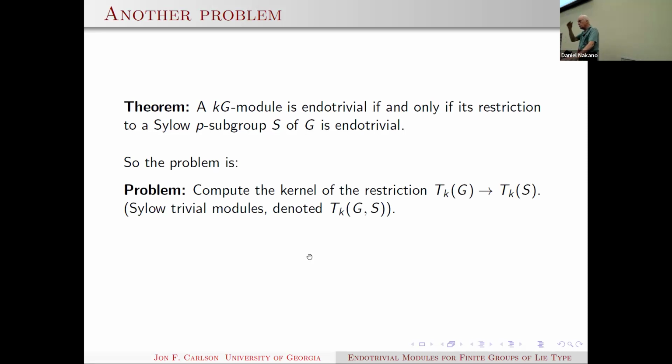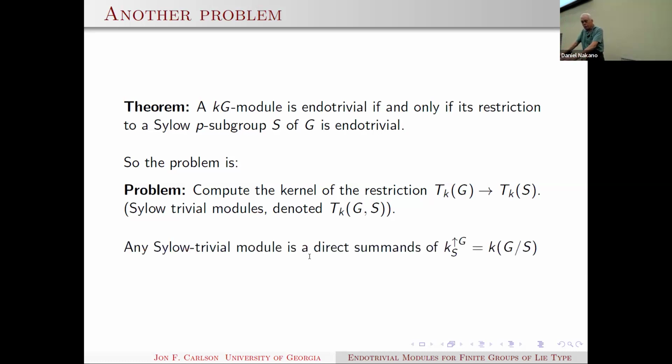And we call these modules Sylow-trivial modules. Actually, they've been called various different things, some of the names did not involve any profanity. But anyway, this is what you want to get.